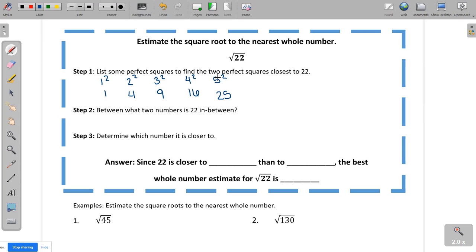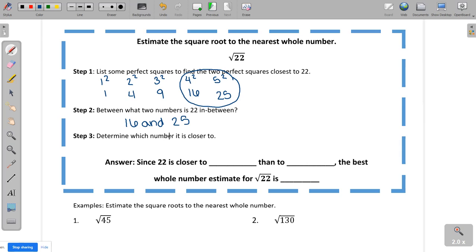So 22 is going to be somewhere between here. So our second step is, between what numbers is it? It's between 16 and 25.